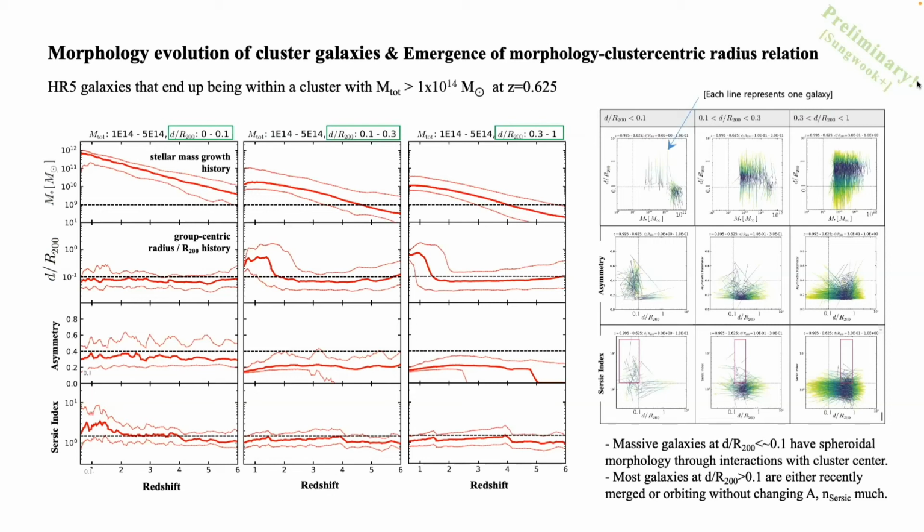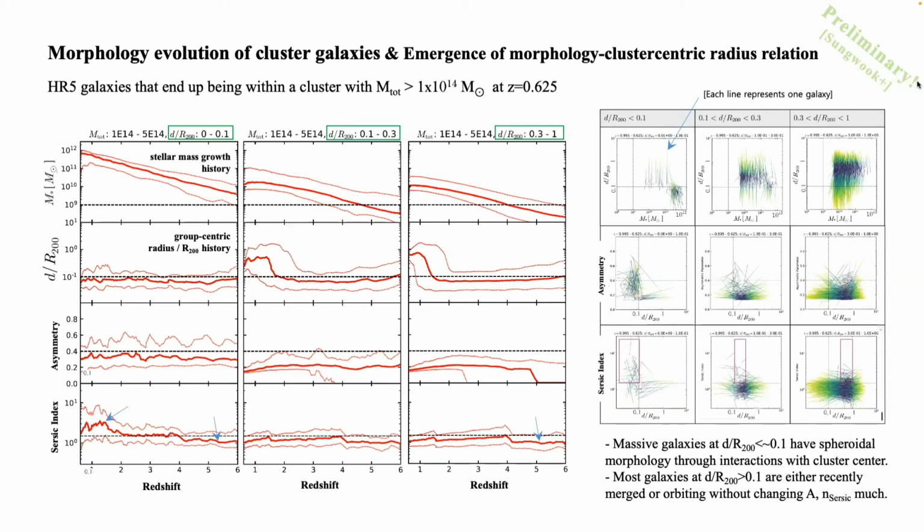I didn't have time to explain this one, but basically at high redshift, the galaxies which arrived at the center had on average a Sersic index corresponding to disk galaxies, the same as the galaxies outside.